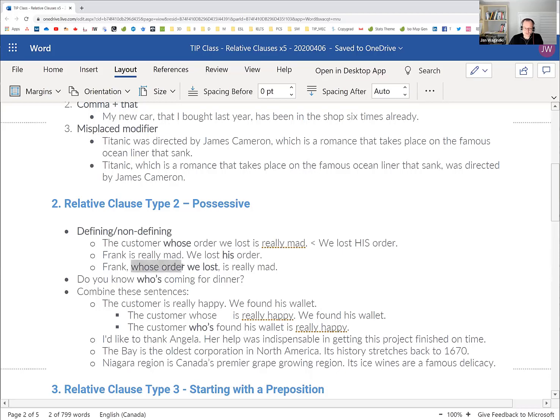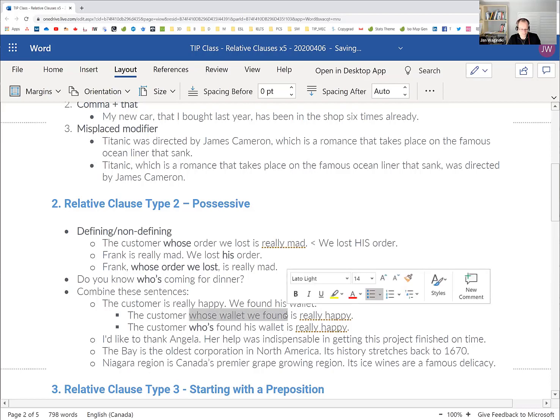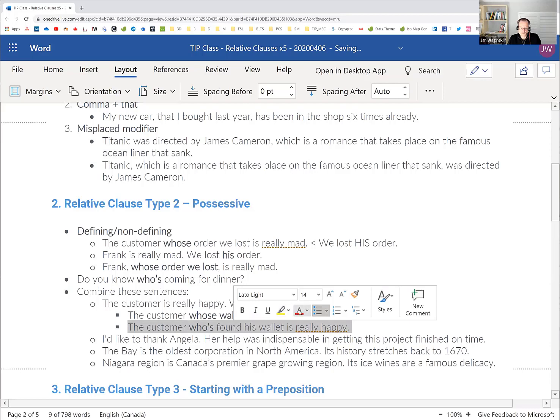Whose order we lost. Wallet we found. That's it. The customer whose wallet we found is really happy. That's it. So, not this one.